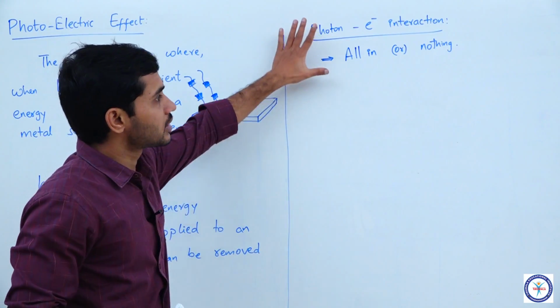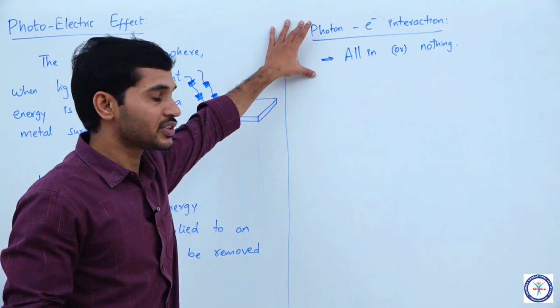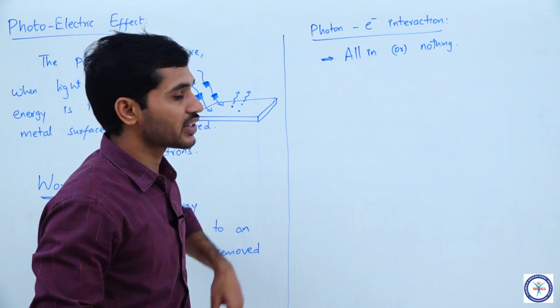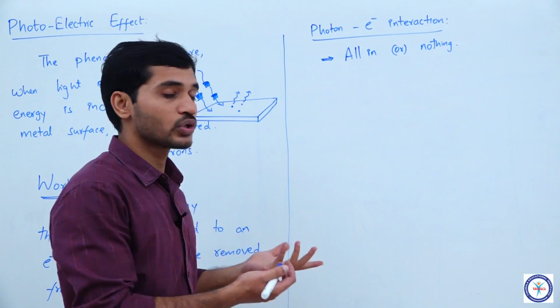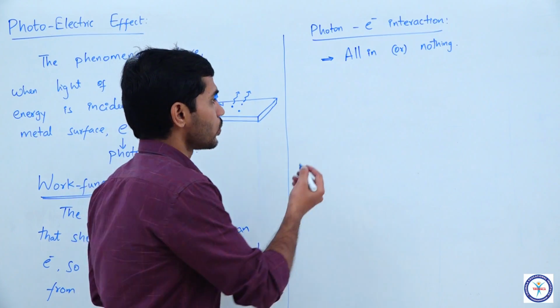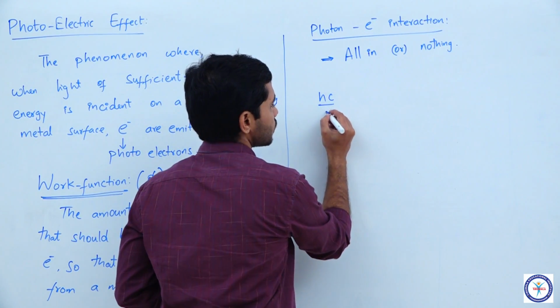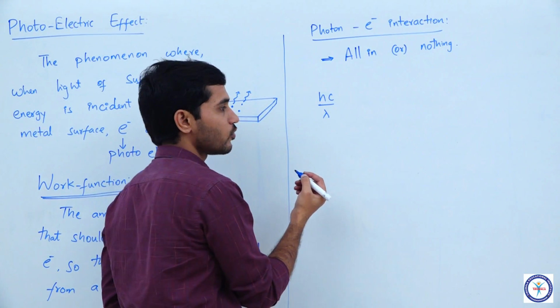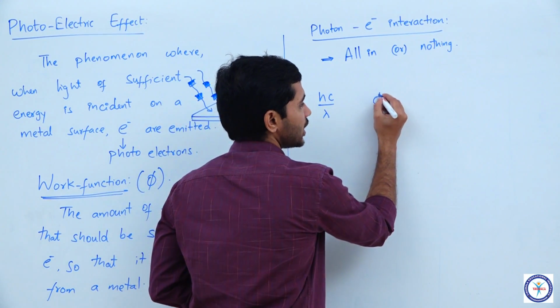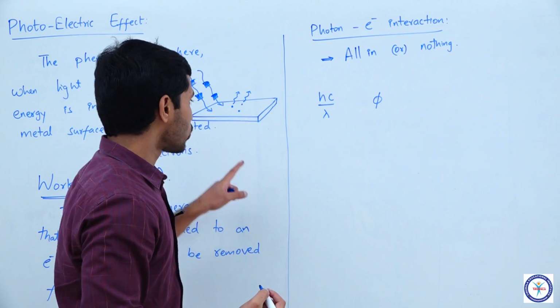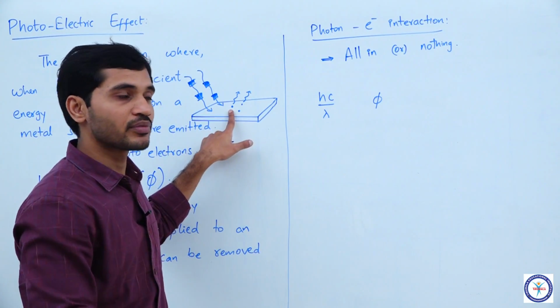Now, keeping this in mind, let us see what happens when a photon strikes the electron, whether the photoelectric effect happens or not. There is one very important thing you will have to be aware of here. hc by lambda is the energy that the photon possesses. Phi is the energy that the electron requires to be removed from the material.